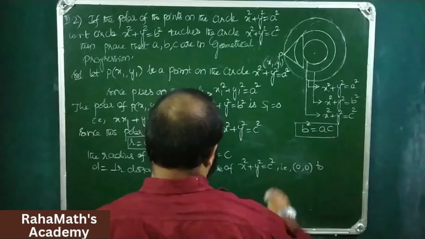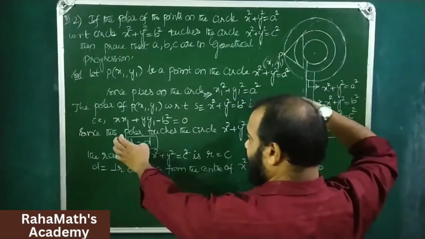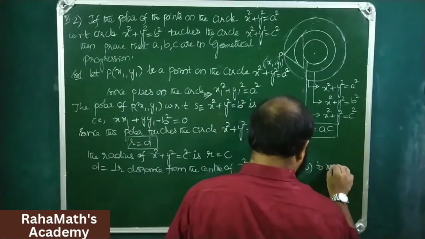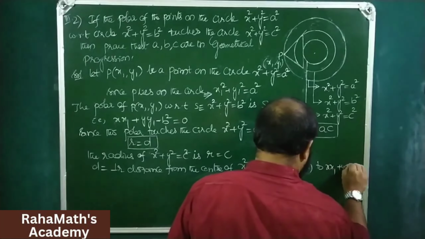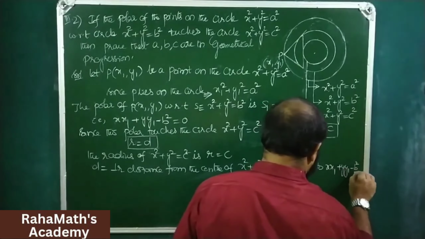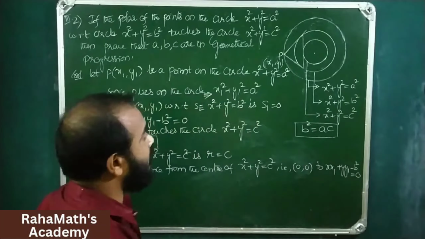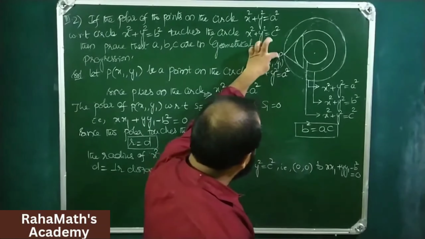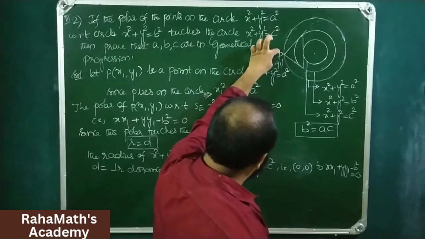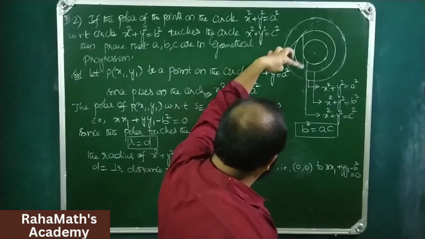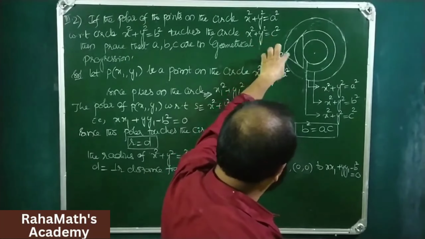What is the line? The line is the polar. What is the polar? x x1 plus y y1 minus b square equals 0. Again I am telling you, P(x1, y1), I have taken this point on the outermost circle, which is x square plus y square equals a square.